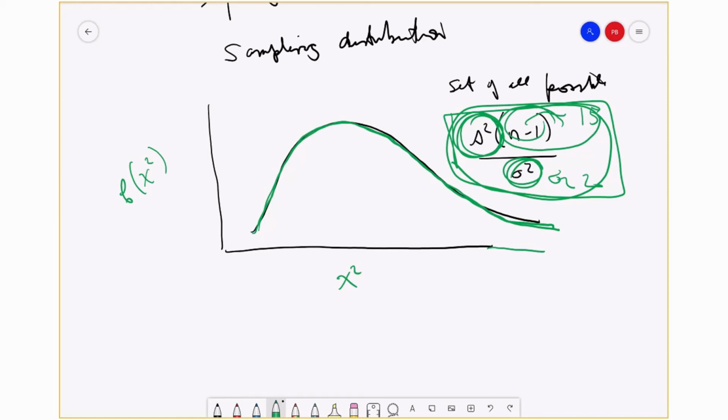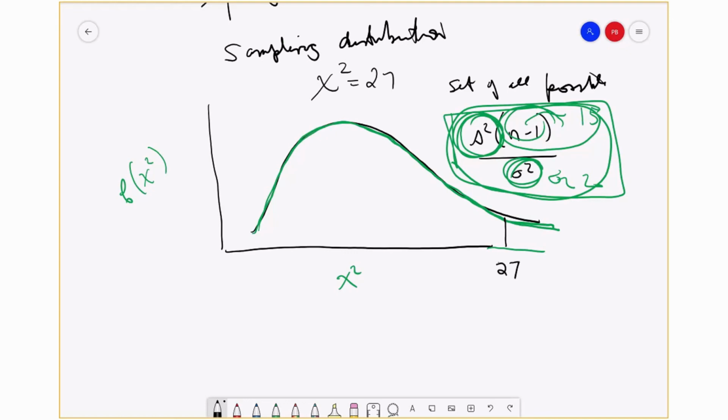And then we look at the particular value that we got. And remember, the particular value we got when we did our experiment was chi-squared equal to 27. So we look at this plot and we come out here and we see where 27 is. And there's 27.